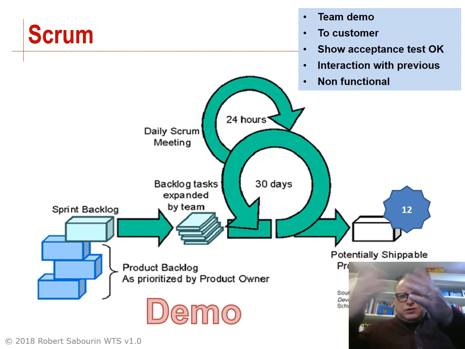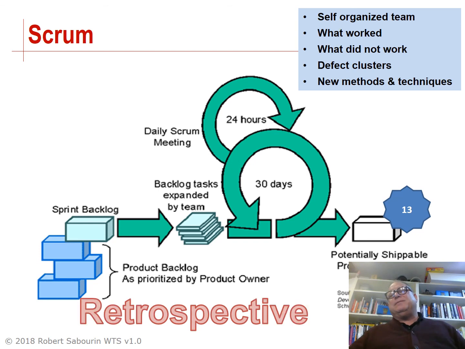The team also shows to the stakeholders any information about non-functional requirements that have been met or constraints or other deliverables of the project. So it is indeed a fact that we demo what we did to our customer.